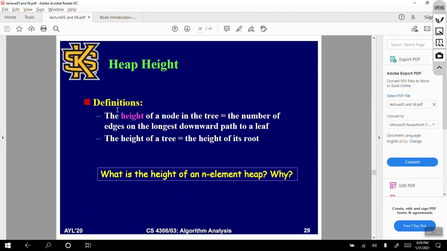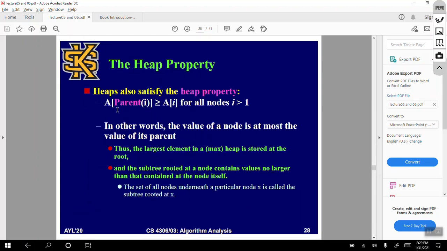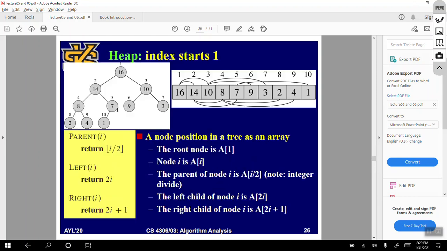Okay, now another important property is the heap height. So what is the heap height? For instance, one thing is the length. If we say the heap is stored in an array, the length is n, right? And what is height? Height means whenever it is organized as a binary tree, right?